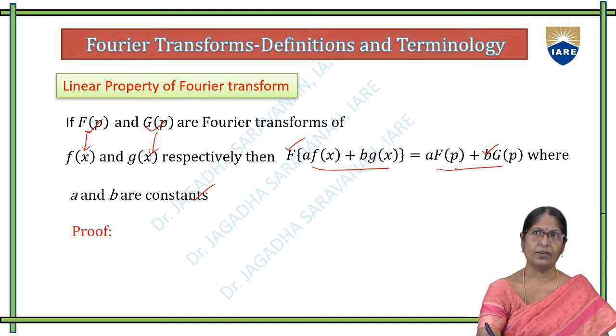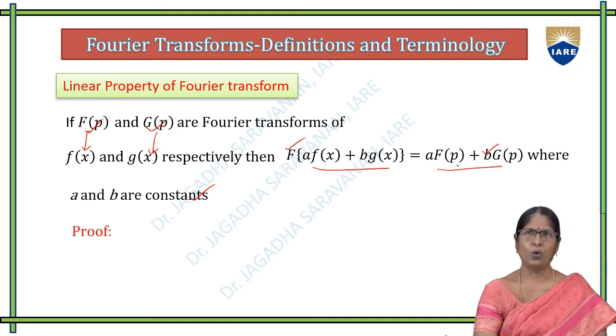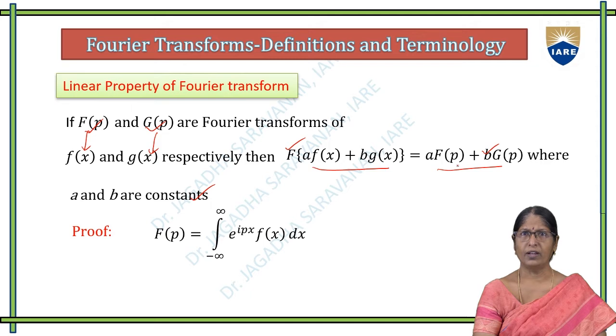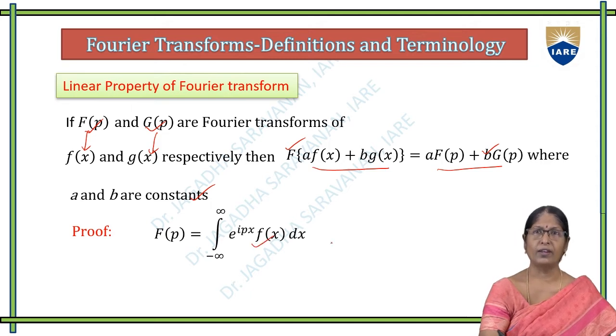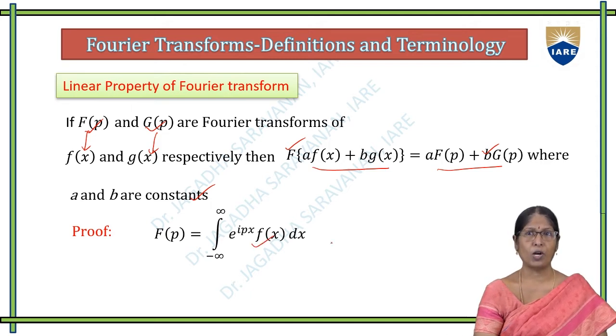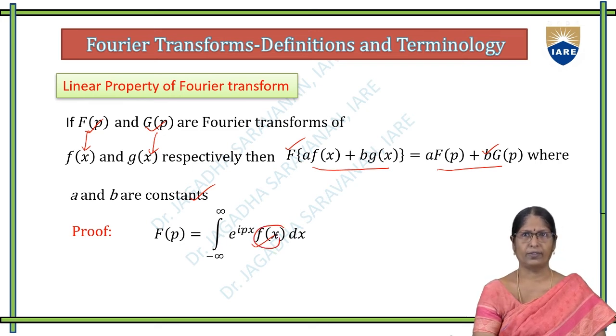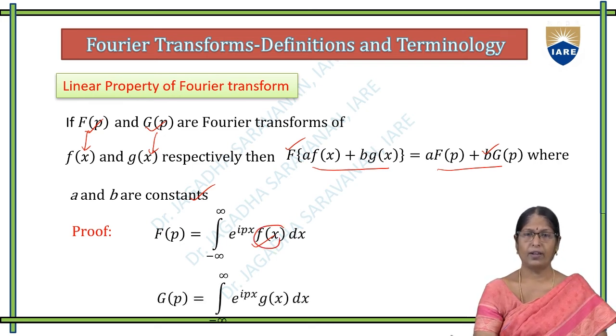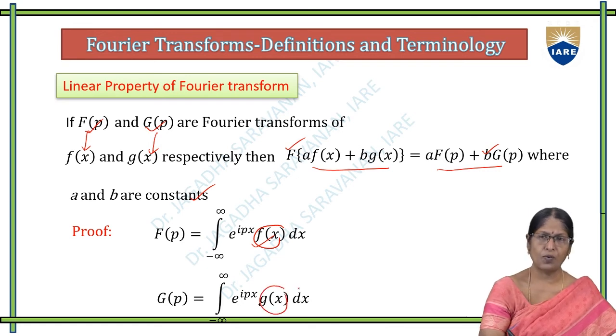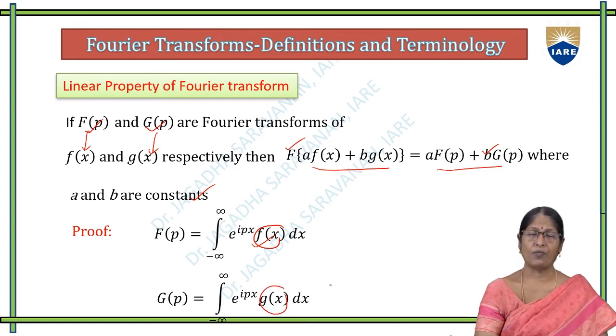To define this property, what assumptions have we taken? First, we have taken the Fourier transform formula for our function f of x. Next, the Fourier transform formula for our function g of x.